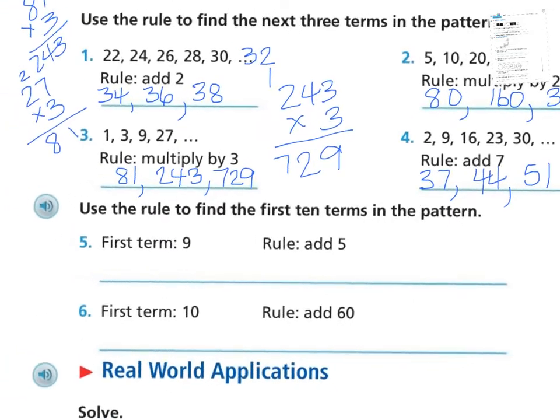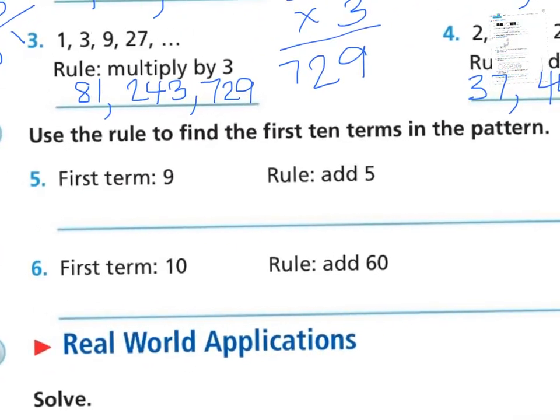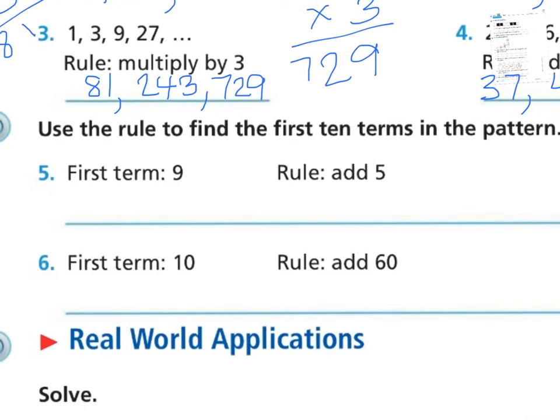Well, here on number 5 and 6, it's asking you to start with a certain term, and then it gives you the rule. So the first one says start with 9 and add 5, 14. Add 5 more, 19.